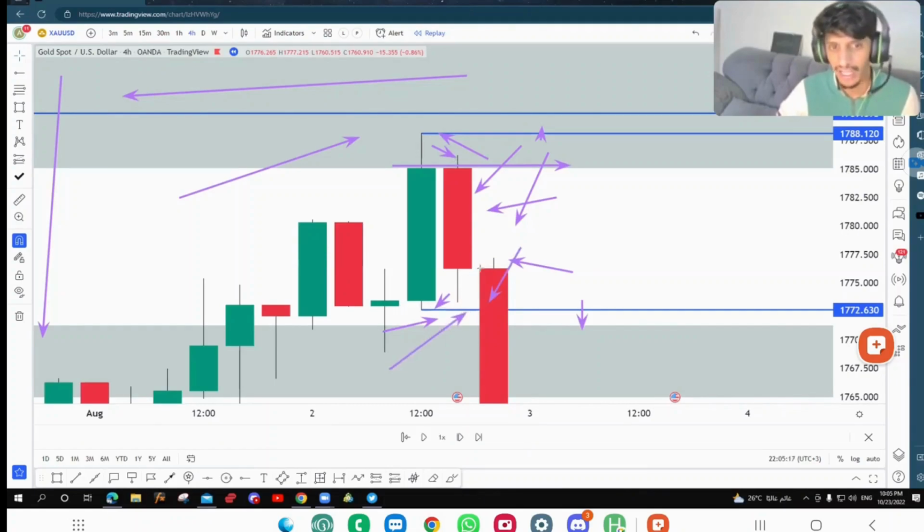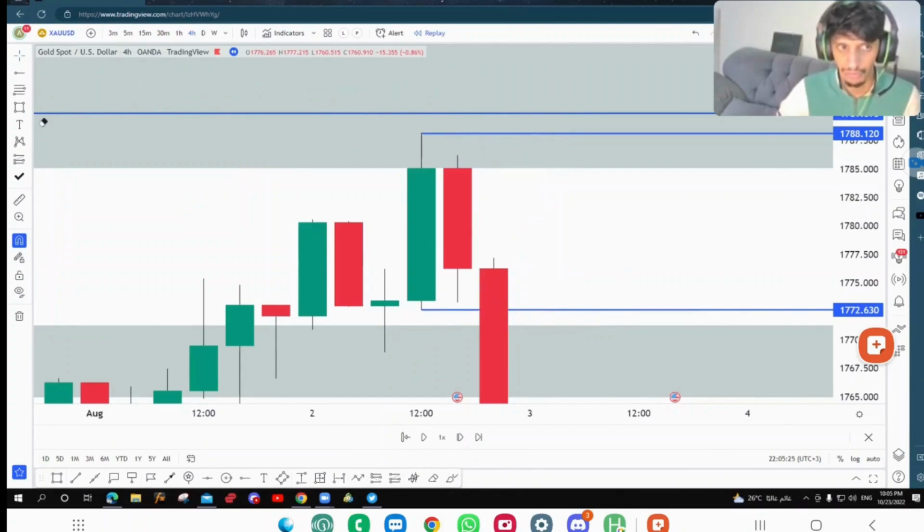Now the buyers are out of the market. Why? Because the buyers had contained the price here, and now these buyers have been sent home. So they are sleeping now. These buyers were struggling to contain this candle. You could take this as a sort of profit being taken from the market.